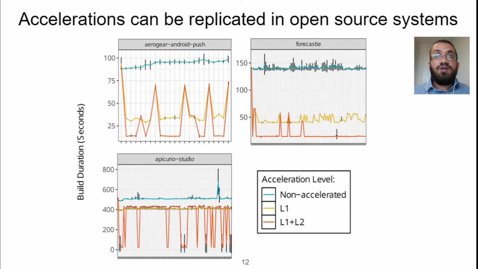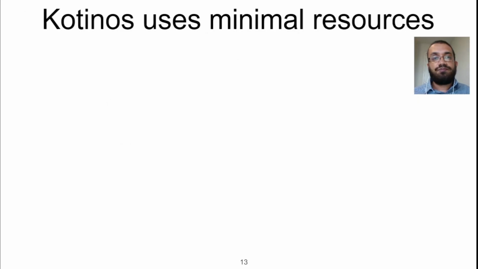In these graphs, we show results of 3 projects. Blue line shows the build duration when no acceleration is enabled. Yellow is with only caching enabled. Orange line is with both caching and step skipping enabled. Here we can clearly see build duration is very low when the acceleration is fully enabled.